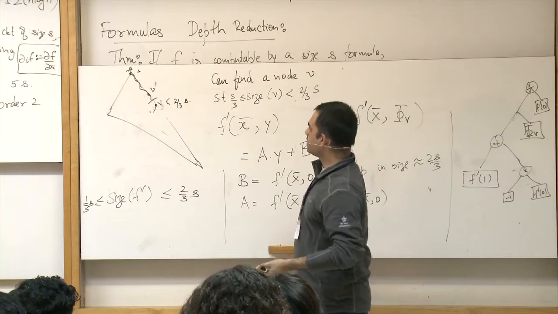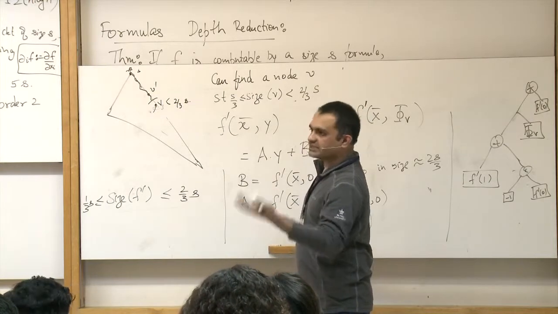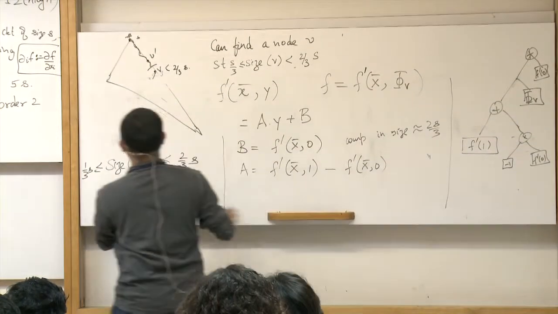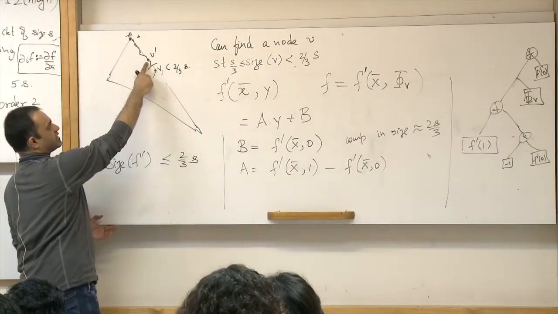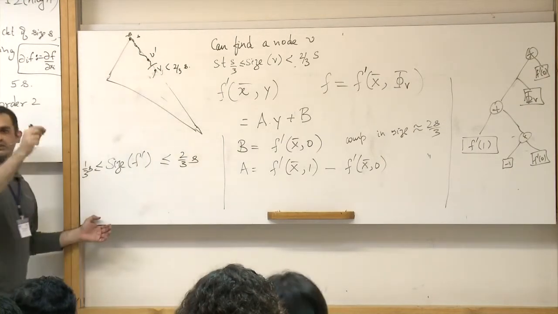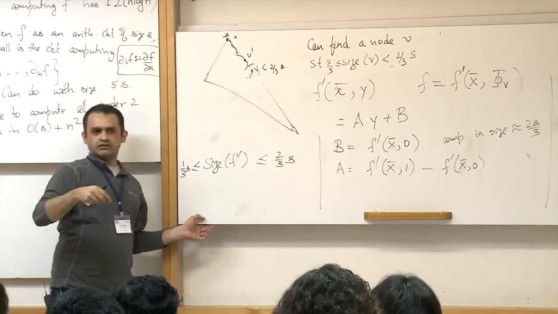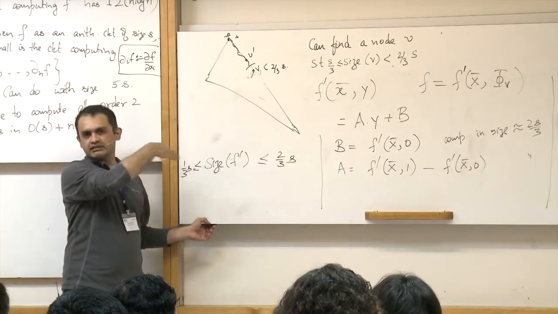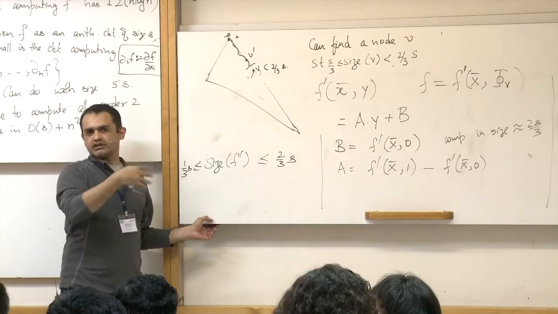Now you could also do the same thing for various other potential functions you could look at. The only thing that was used here was that whatever the potential function here is lower bounded by the sum of the values of its children. So that's the only thing you needed for this. And there are various avatars in which you can see a similar sort of reduction.